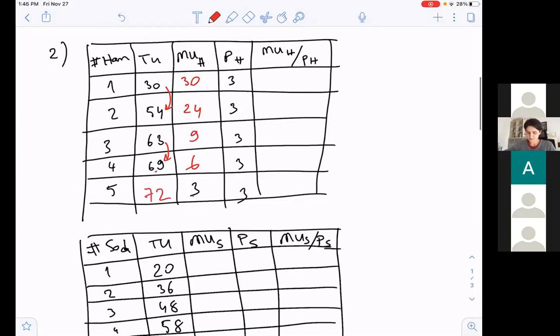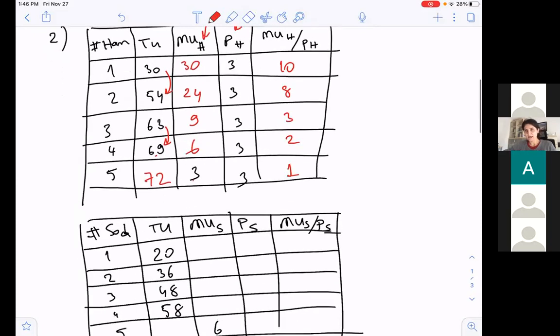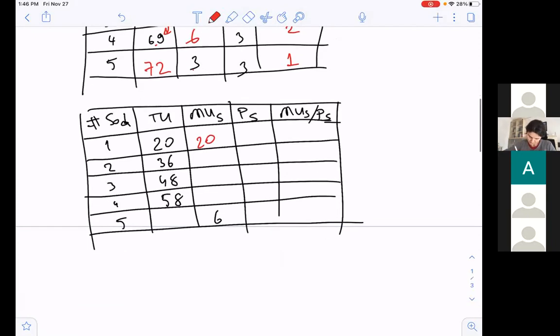And then what are we going to do? You're going to divide this column by this column. 10, 8, 3, 2, 1. Let's do the same thing for the soda. This is 20, 16, 12, 10, and this is 64 for total utility.